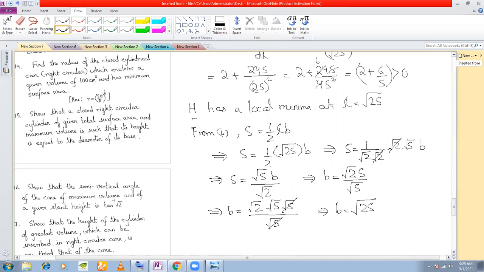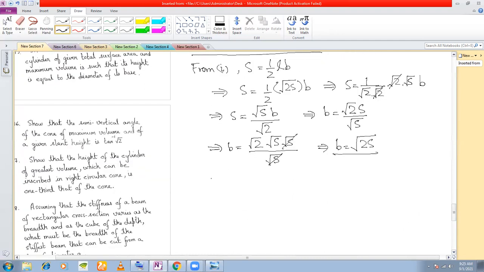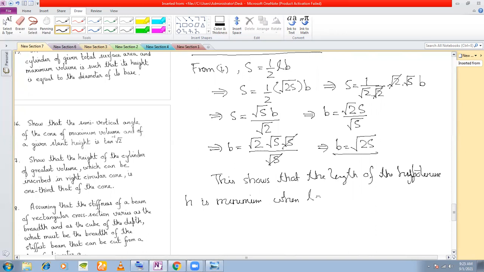So what do you see? That H has a local minima when the length is equal to root 2S and the breadth is also equal to root 2S. That means the triangle is isosceles. So this shows that the length of the hypotenuse H is minimum when length and breadth both are equal to root 2S.